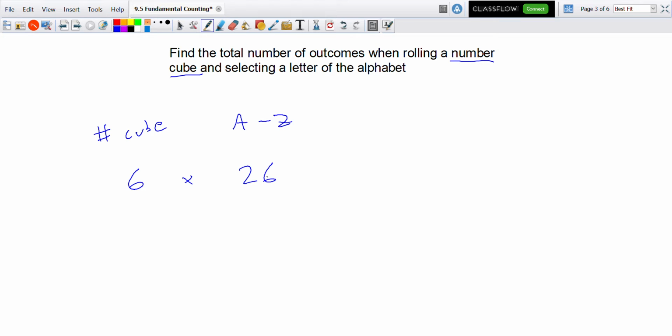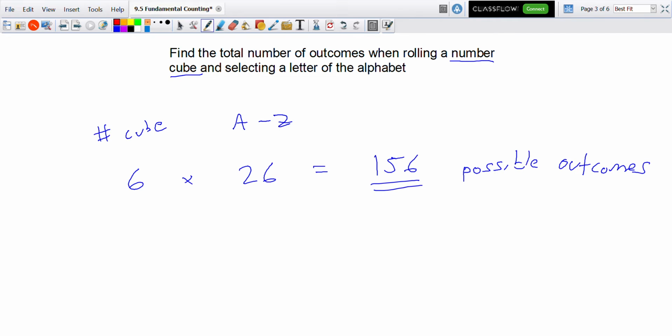And so all I need to do is multiply the possible outcomes for a number cube times the possible outcomes from the alphabet, and 26 times 6 is going to give us 156 possible outcomes. And you can see why this comes in handy, because I'm not going to list 156 different outcomes.